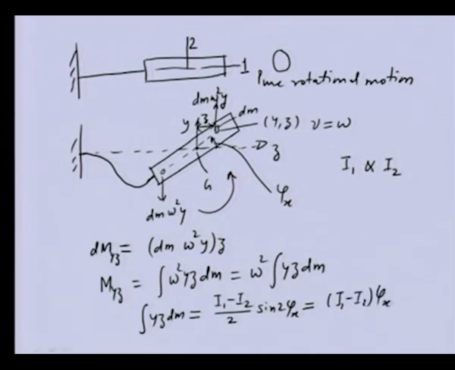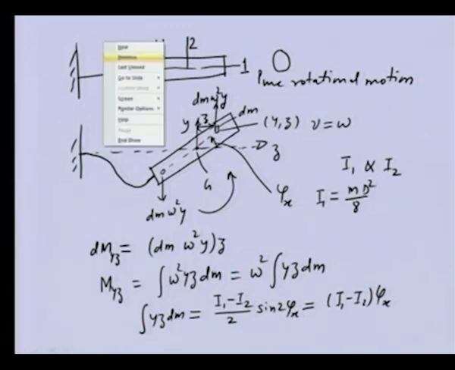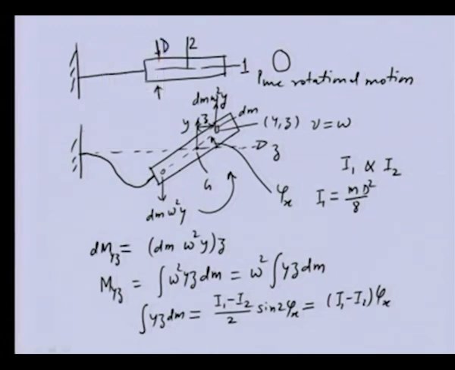For cylindrical shape, this I1 is given as m d square by 8, where d is the diameter of this particular cylinder, and b is the total length of the cylinder.